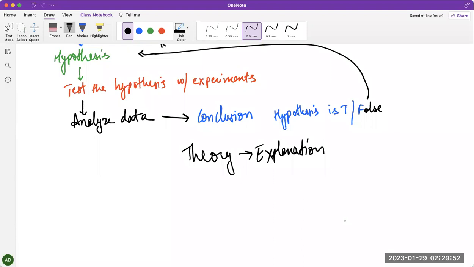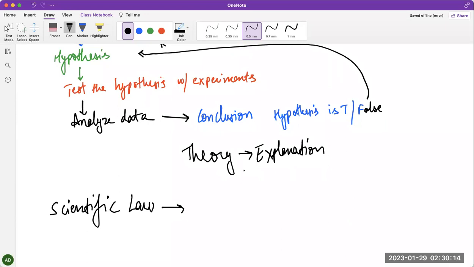Okay, all right. So now, if we talk about the scientific law, let's see what that means. So don't think that theories are what become law. Theory is a different thing. Law is a different thing.